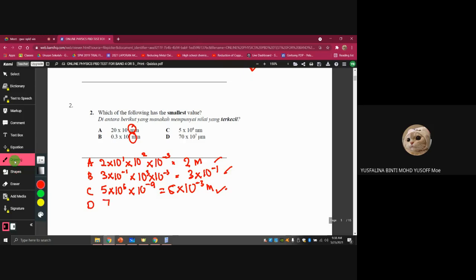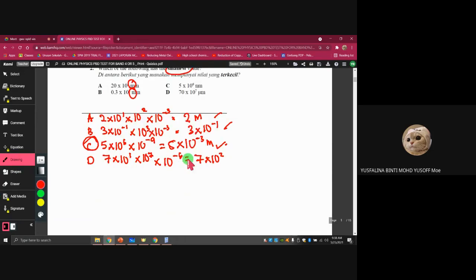Okay, so let's say 7 times 10 power of 1, times 10 power of 7. Micro is 10 power of negative 6, so you will get 7 times 10 power of 2. Here you want the smallest value, so the smallest value is actually C. The answer should be C.